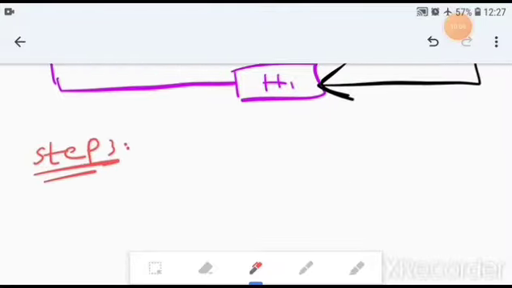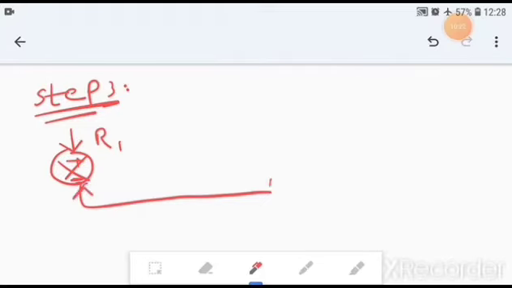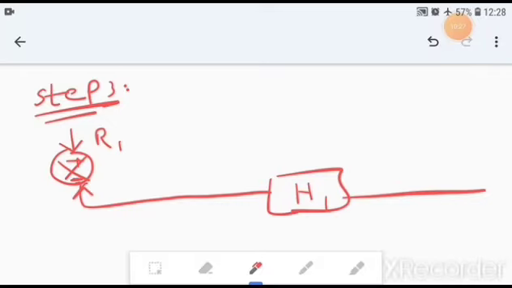So what we will be doing is, we take as usual the summing point 1. We have not done any changes, R1, and here we have the feedback of our H1. No changes to that, we get H1 which is connected to the output, and here we have G1.